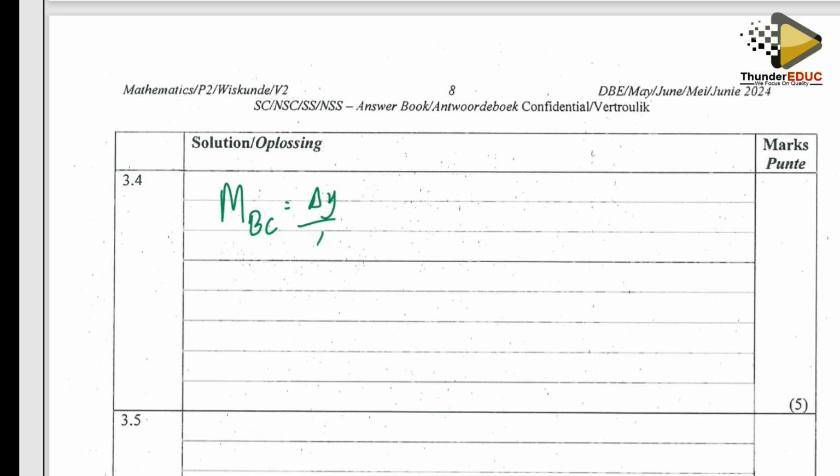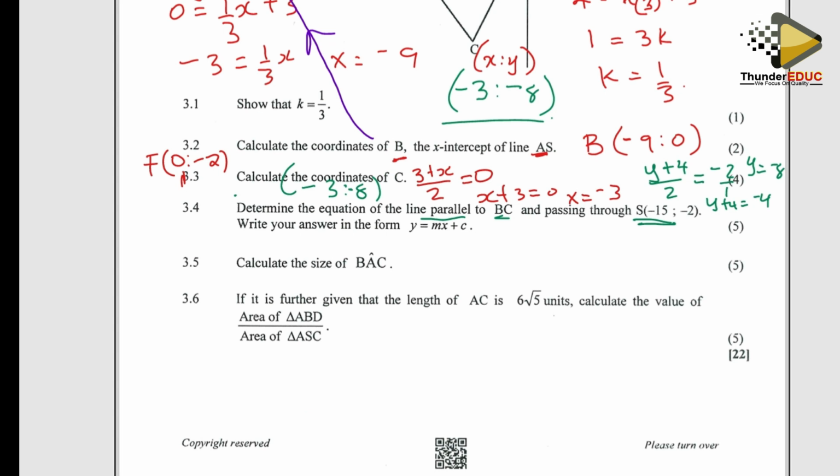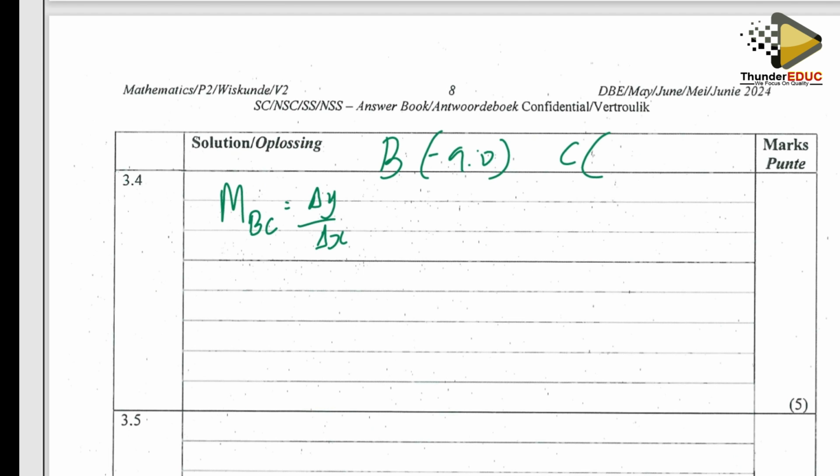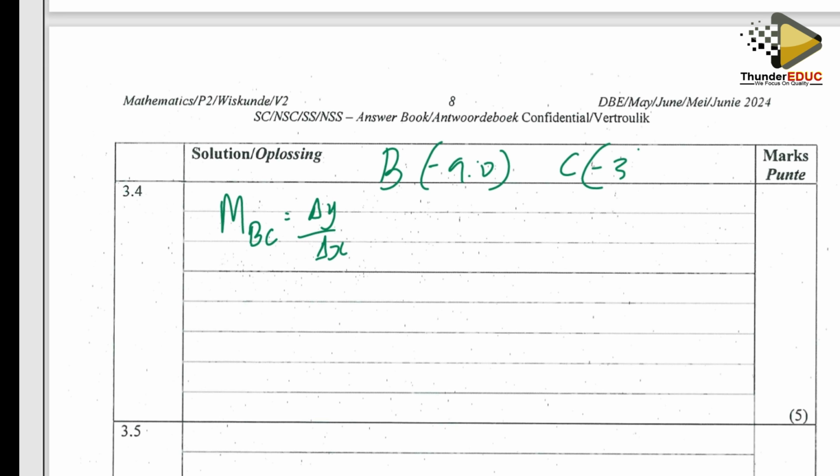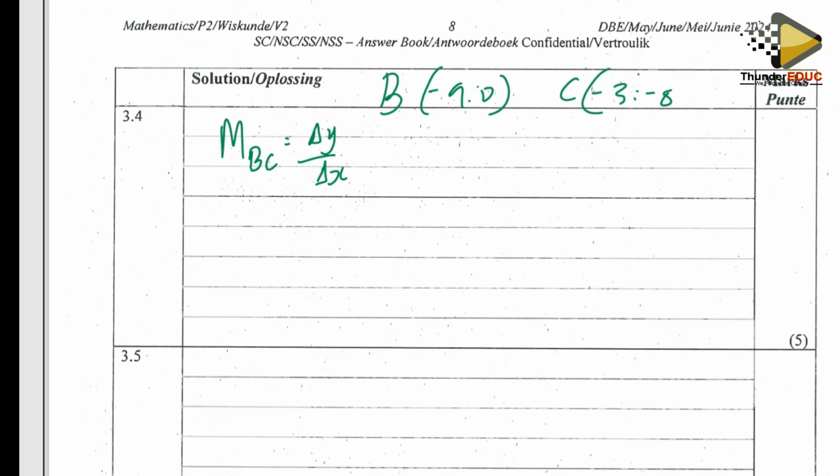So it's change in y over change in x. We had negative 9 and 0 for B, and then the C coordinates were negative 3 and negative 8. Okay, get the gradient. I'm going to say 0 minus negative 8 over negative 9 minus negative 3. That becomes 8 over negative 6, which is the same as negative 4 over 3.